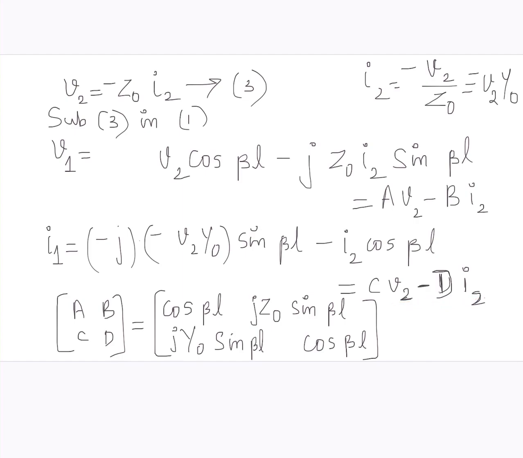Comparing the equation, A will be equal to cos beta L, B will be equal to j Z0 sin beta L, C will be equal to j into Y0 sin beta L, and D will be equal to cos beta L. So this is the final expression for the ABCD matrix of the transmission line.